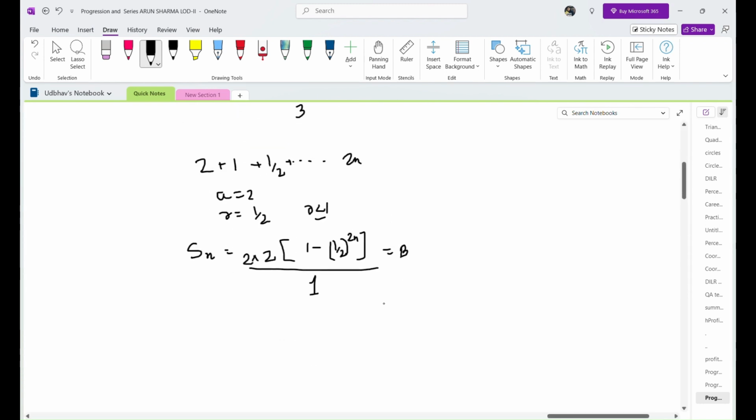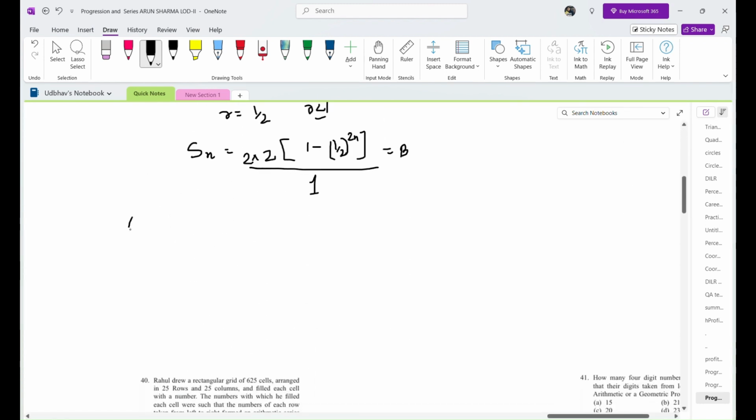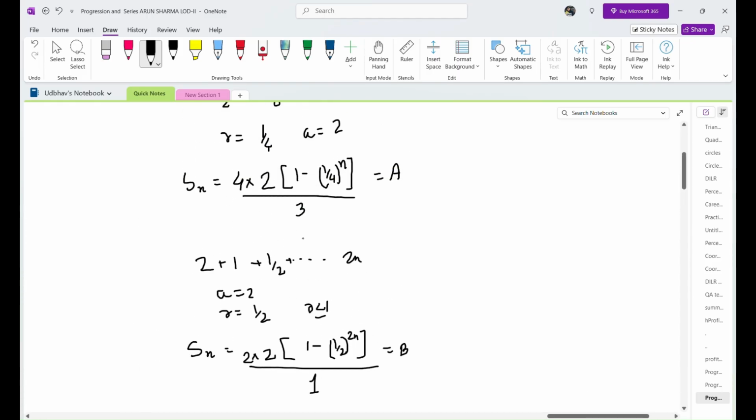Now we can divide b by a. We can do one more thing, because here the power is 2n and here the power is n, and here it is 1 by 4, so we can write 1 by 4 as 1 by 2 whole squared, and if 1 by 4 is already raised to the power n, we'll get 1 by 2 raised to the power 2n.